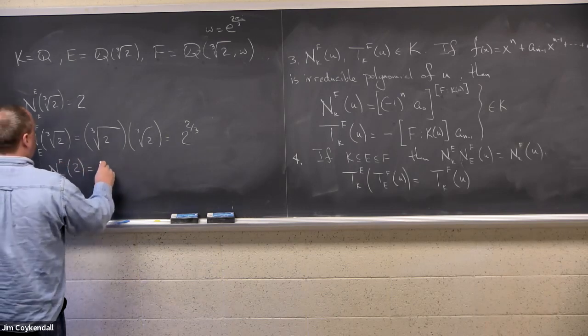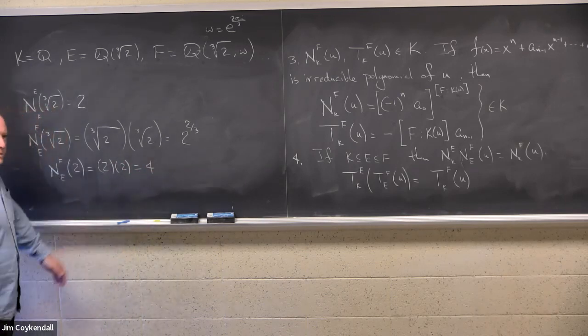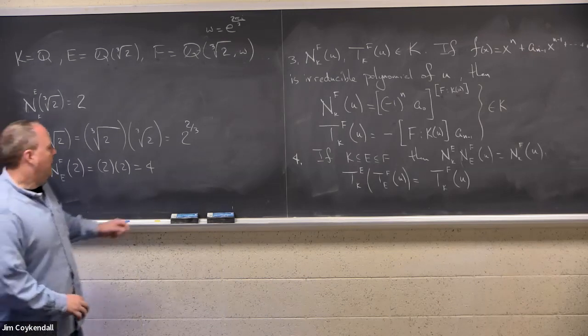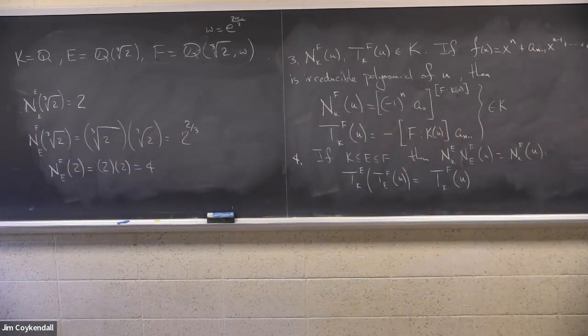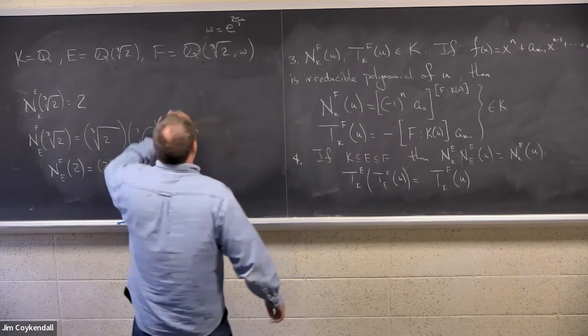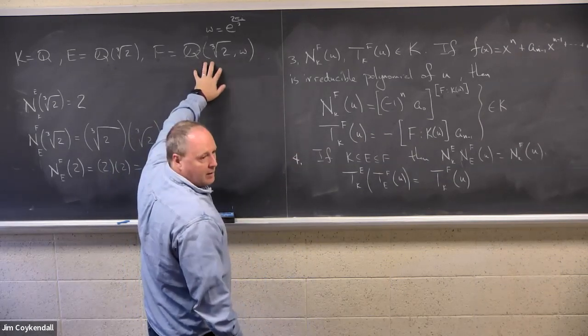What is this? This is also 2 times 2. Now, this is sort of why number 3 works. Notice how many embeddings there are from here to the complex numbers.